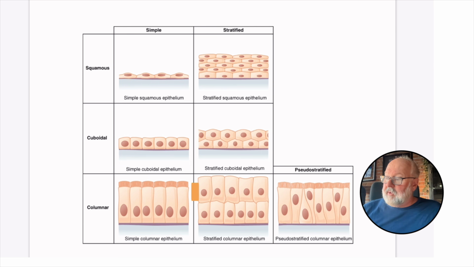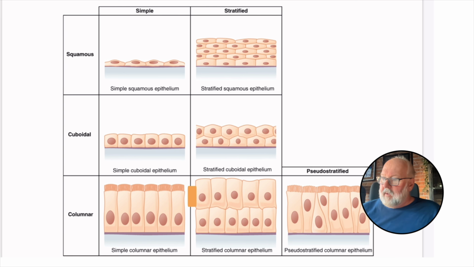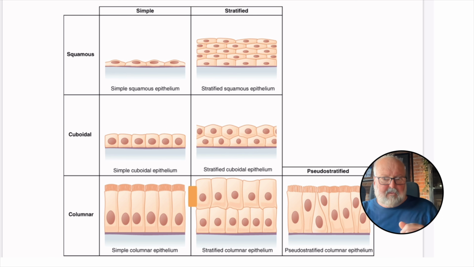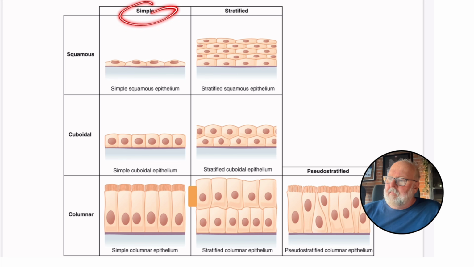Now let's have a look here. All right, so remember, there's two names, a first and a second name. So if I'm simple, I am only one cell layer thick. So let's have a look. So here is a simple type of epithelium, and we can see the cells are fairly flat. So we're going to call this simple squamous.